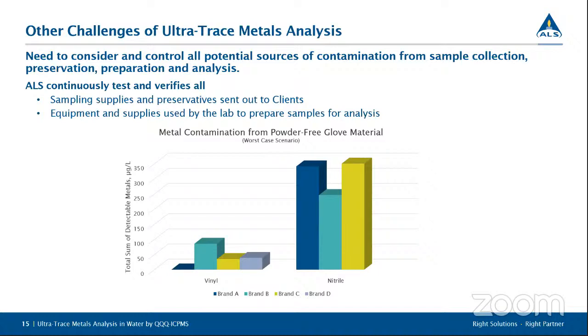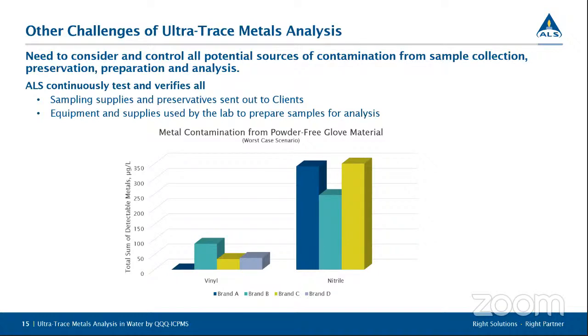Keep in mind that this chart is the absolute worst case scenario, where the glove comes into direct contact with an acidified sample. We normally wouldn't expect this level of contamination from just handling the sample bottle and not coming into contact. The closest scenario would be if you got a drop on your glove and that drop somehow landed inside your bottle.